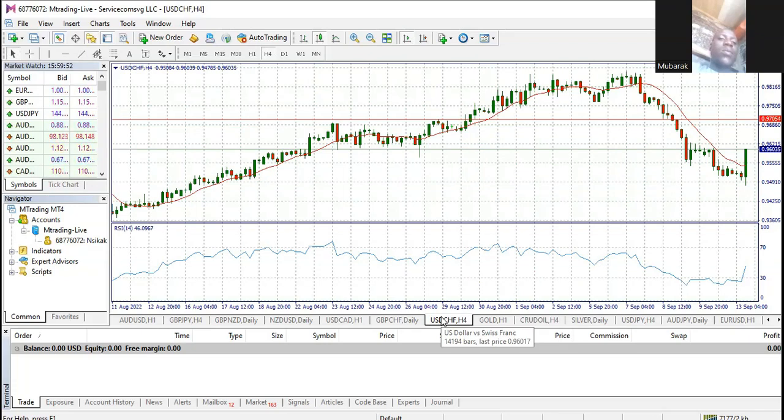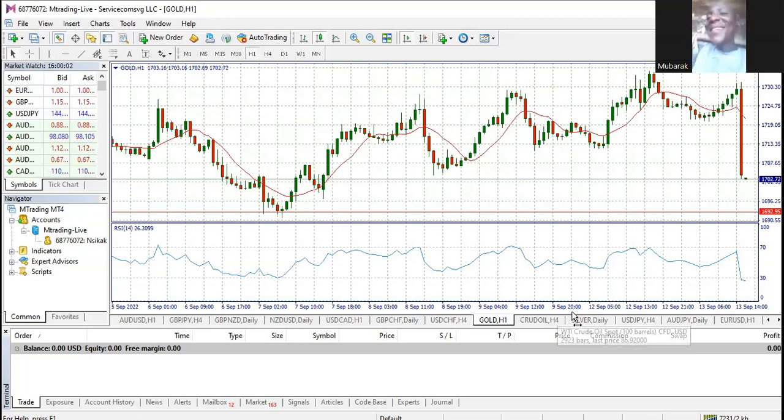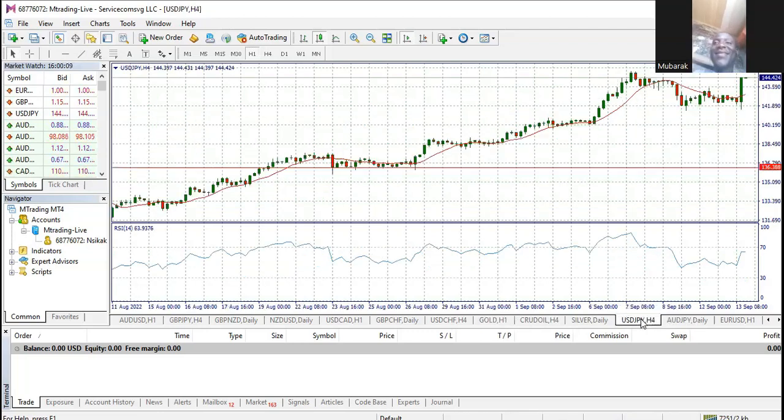Here's the card still moving. USD JPY is going crazy. Whoa. Yes, you know that once it's 2 o'clock, it will continue.